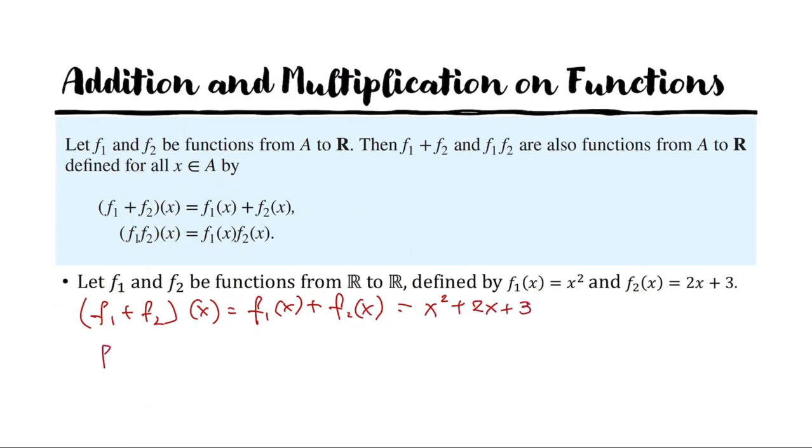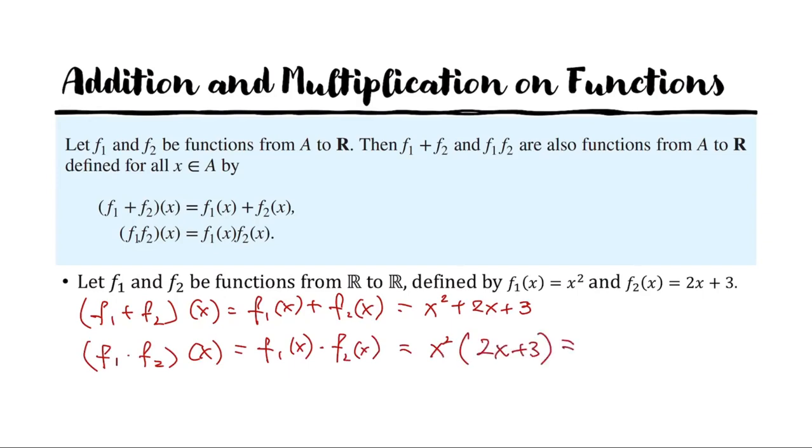Then if we want to multiply the functions, (f1 times f2) of x equals f1 of x times f2 of x. And that will give you x squared times (2x plus 3). Now, if you distribute it, you'll get 2x cubed plus 3x squared.